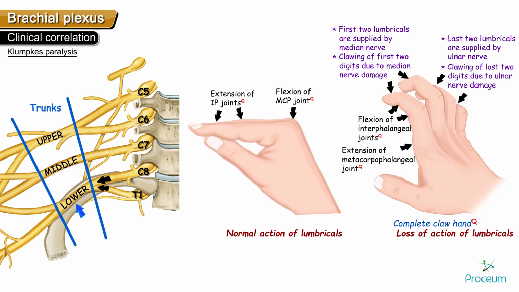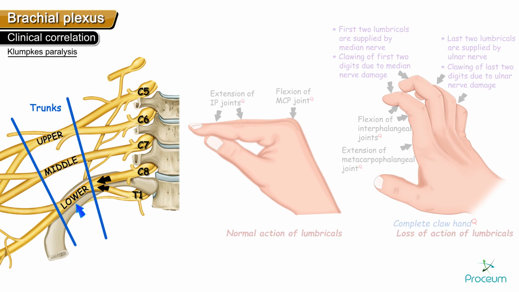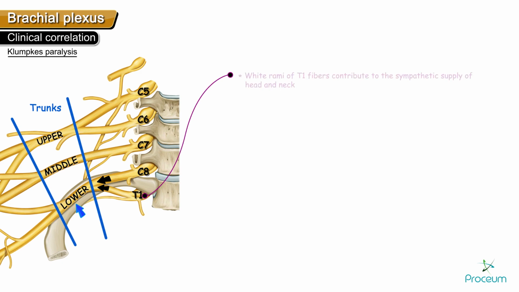In Klumpke's paralysis, because it involves C8 and T1 fibers, the white rami of T1 contributes to the sympathetic supply of head and neck region. So, when there is injury to the lower trunk, there is also damage to the sympathetic supply to the head and neck, leading to what is called as Horner's syndrome.